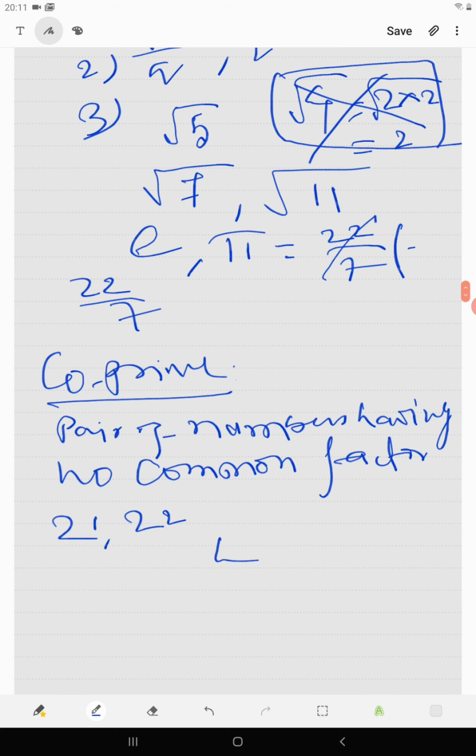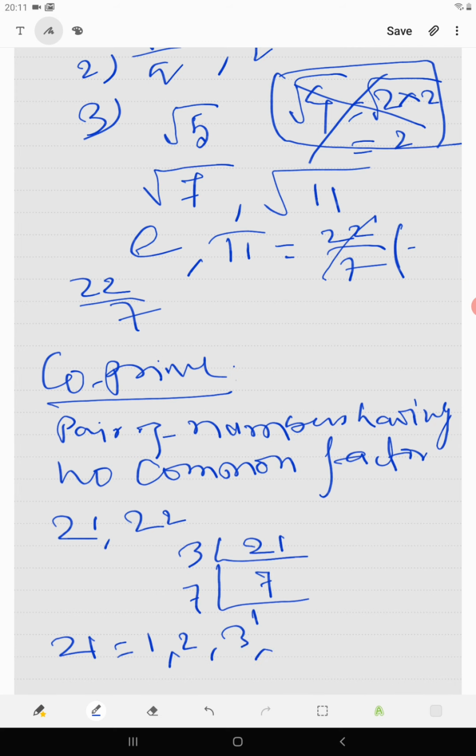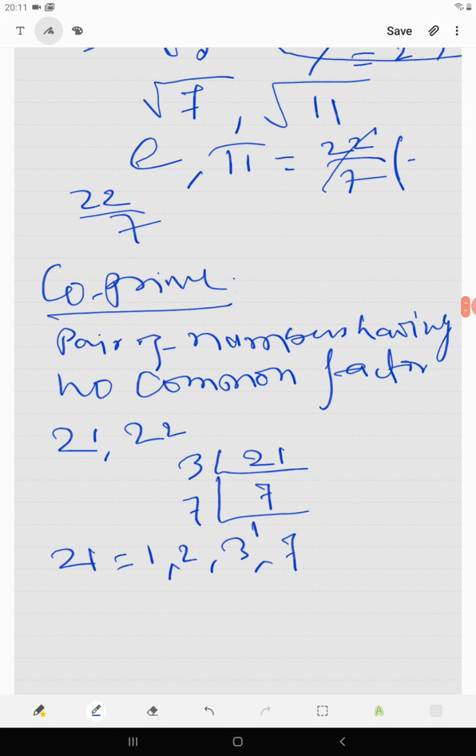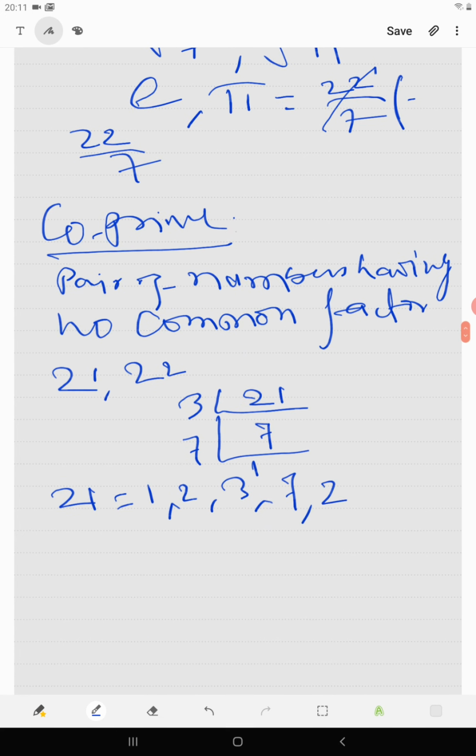21 has factors 3, 7, 1, so 1, 3, 7 and 21.